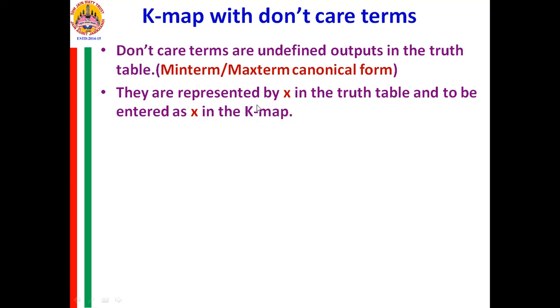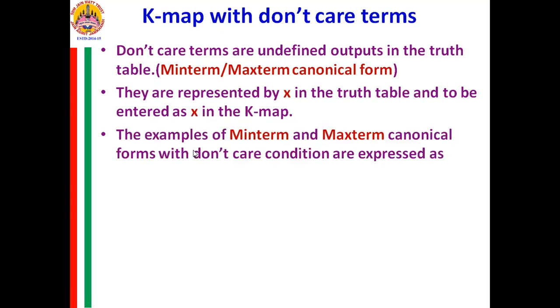So don't care conditions are represented by x or a cross sign in the truth table, and these are called don't care terms. These don't care terms are entered in the K-map also with the same symbol x or cross.